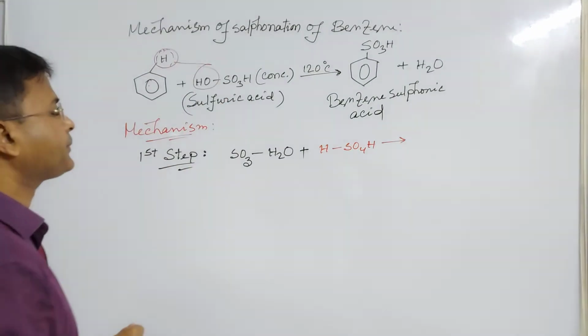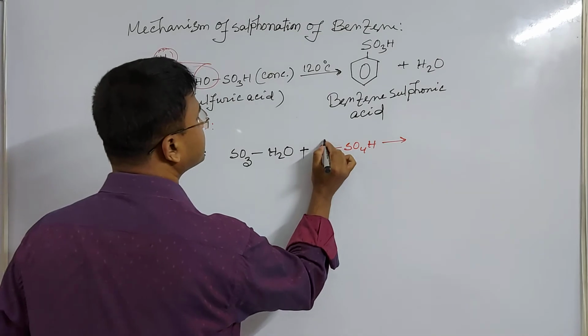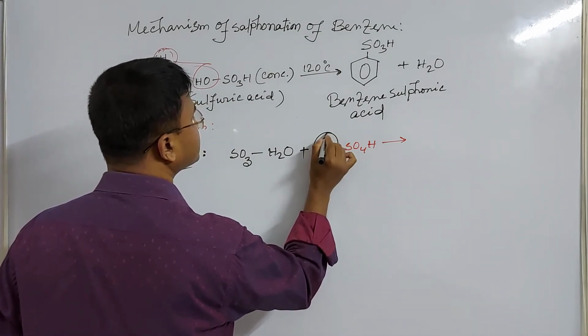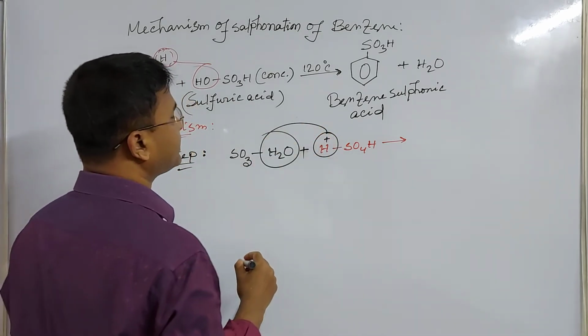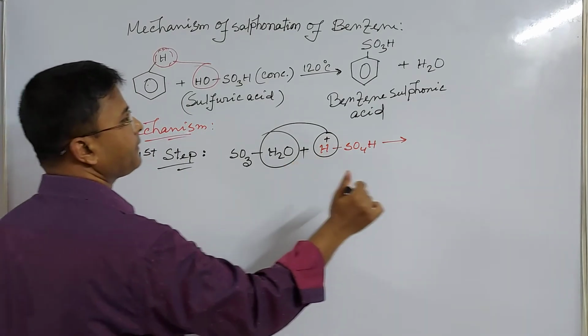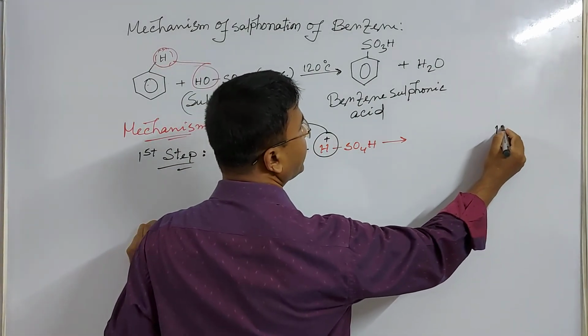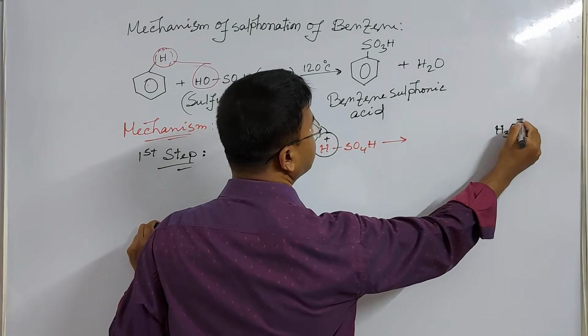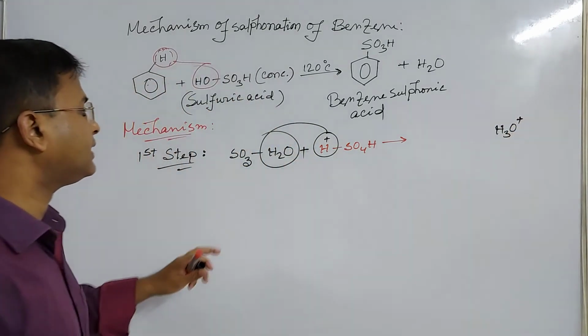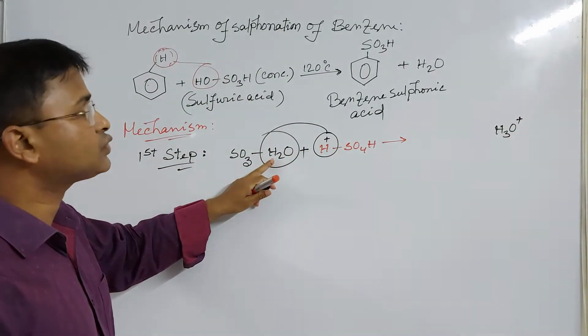All of you know that proton is a positive charge. This positive charge combines with a water molecule, and then it will be hydronium ion, H3O plus. You know that in the water molecule there are 2 hydrogen atoms.